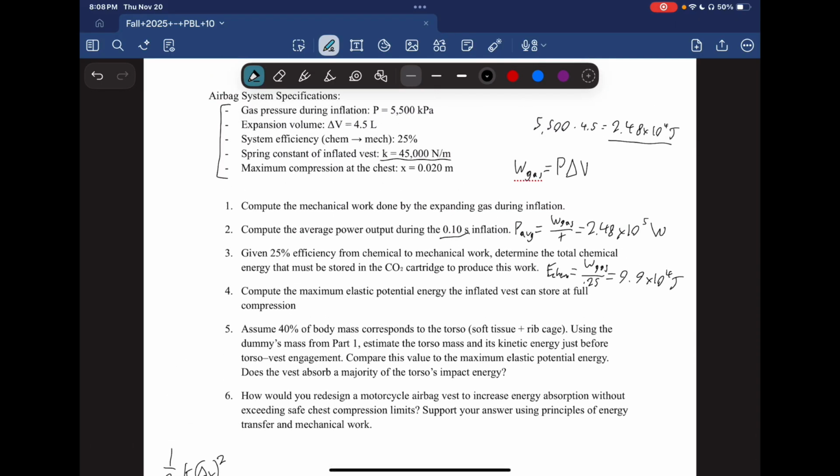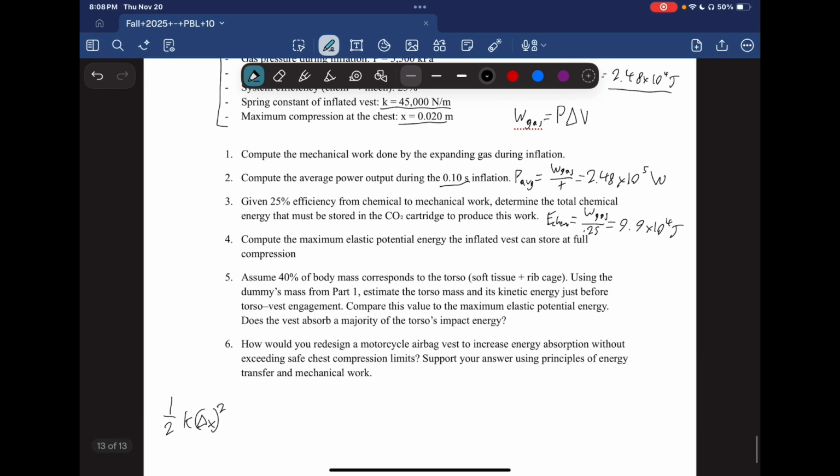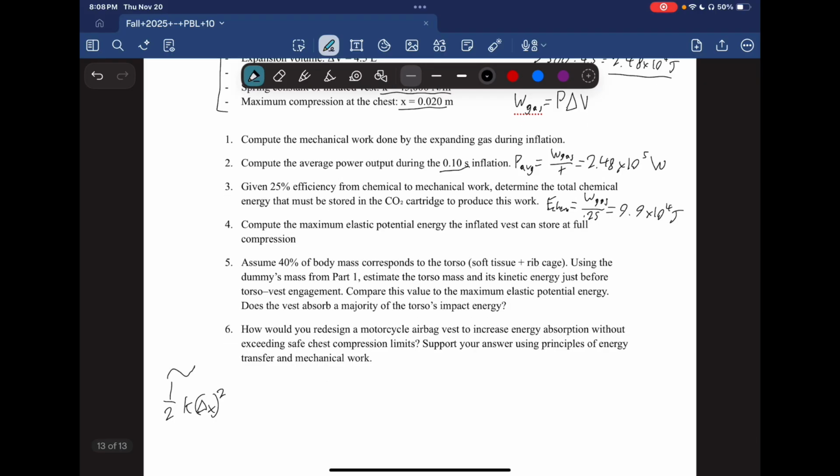So in this case, our K, our spring constant, is 45,000 newtons, and our compression distance, or delta X, is 0.02. If you plug these values into our equation down here, we get that the maximum elastic potential energy is about 9 joules.